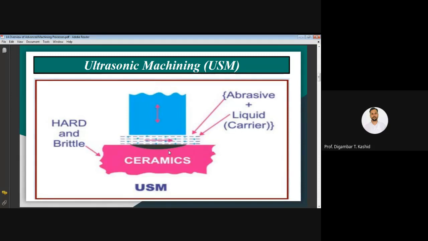When that tool vibrates with high frequency and a certain amplitude, the vibration is transferred to the slurry between your tool and your workpiece, and due to the impact of the mechanical vibration, material is removed from the workpiece. So this is the basic principle behind ultrasonic machining.